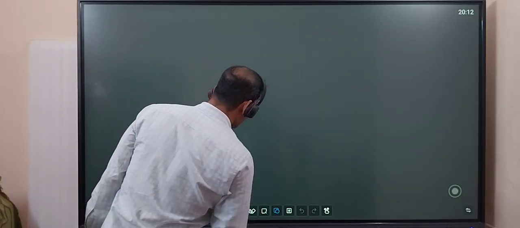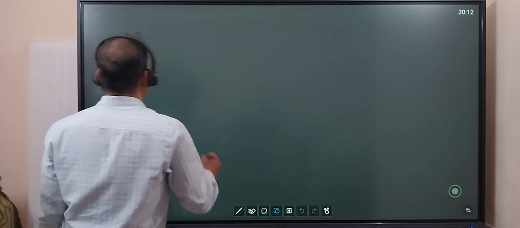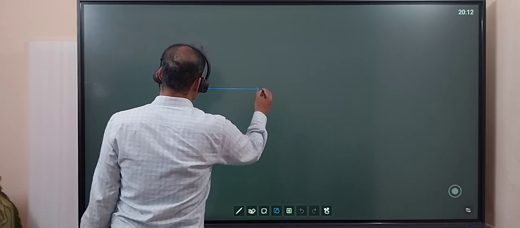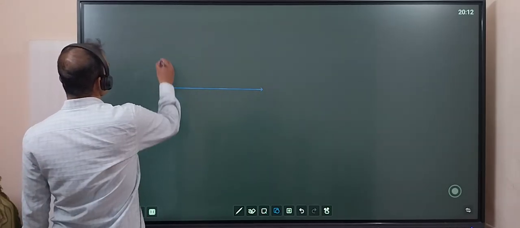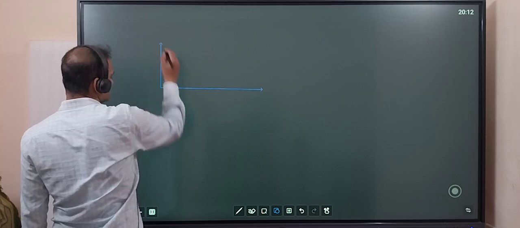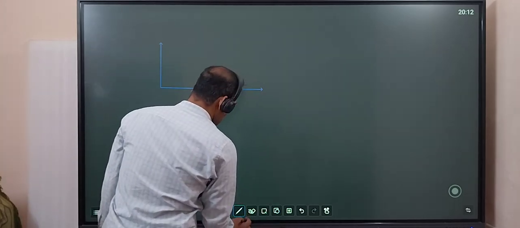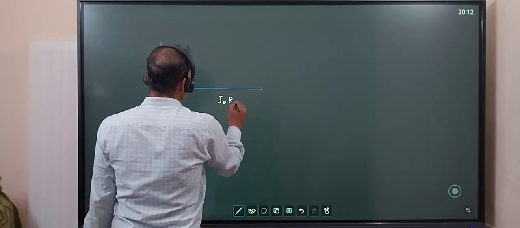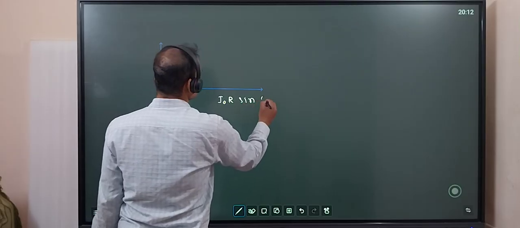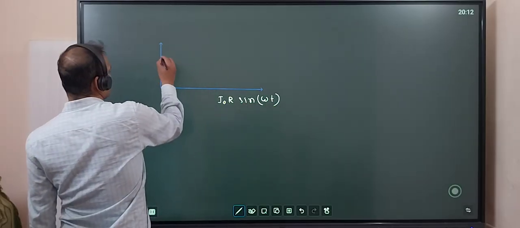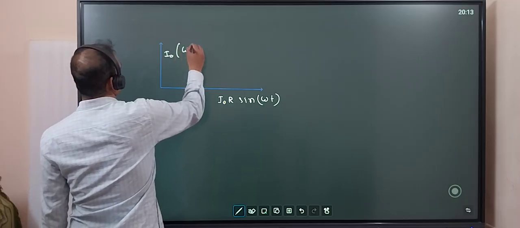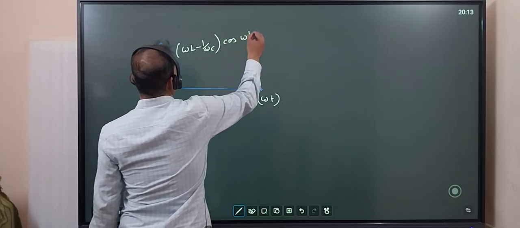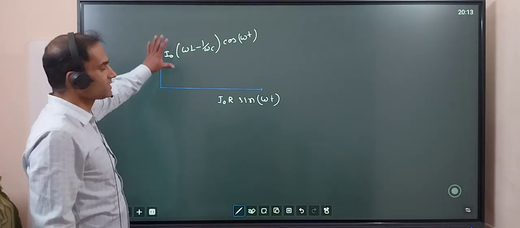So what we discussed so far, this was the voltage across resistance, and this was voltage across inductance plus capacitance.